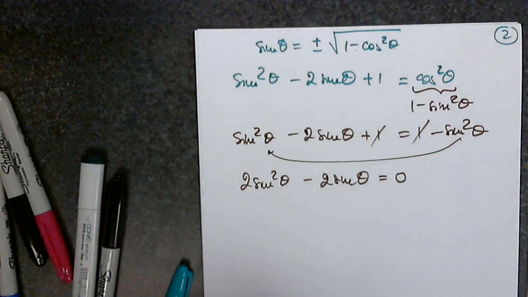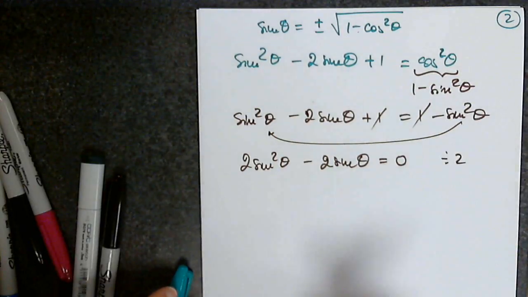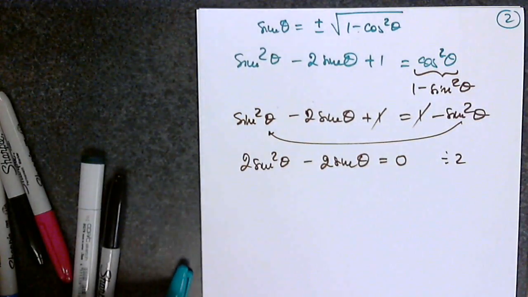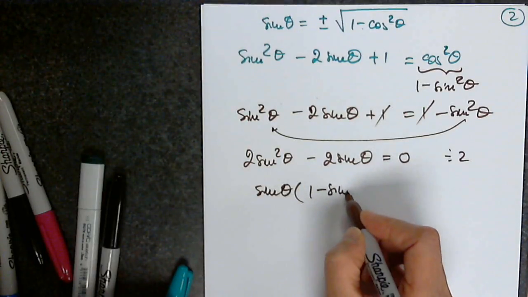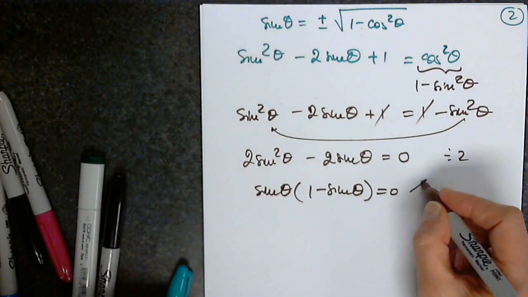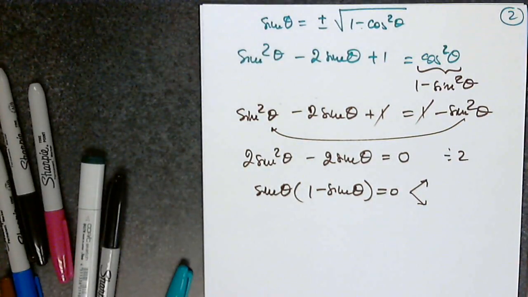Because I can divide both sides by 2, which is fine, and then factor out sine theta, and I get sine theta times 1 minus sine theta. And from here, I have 2 options. Let's back up for a moment. Is this clear?